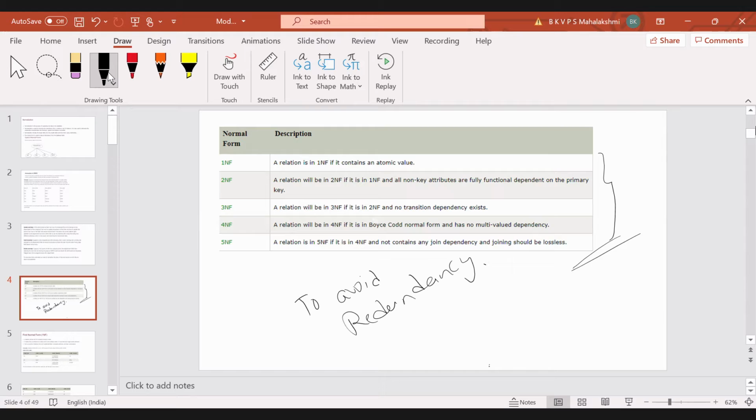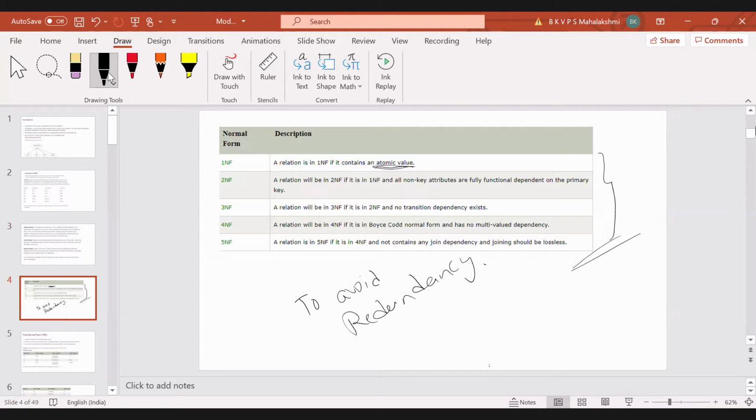So 1NF is nothing but atomic values. Atomic is nothing but only one value. I have already told you, when we discussed the first module, about the types of attributes.